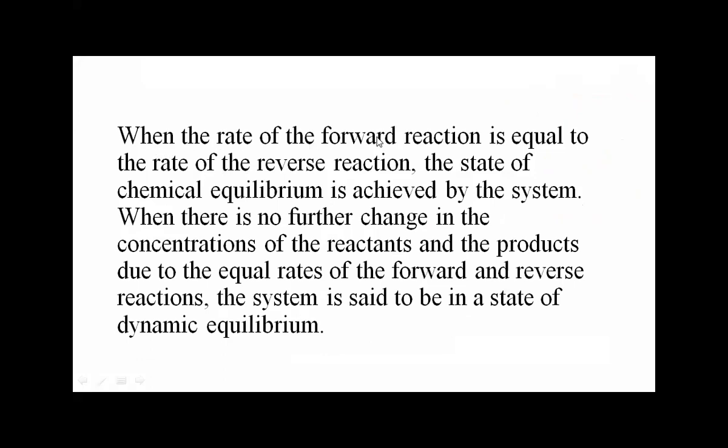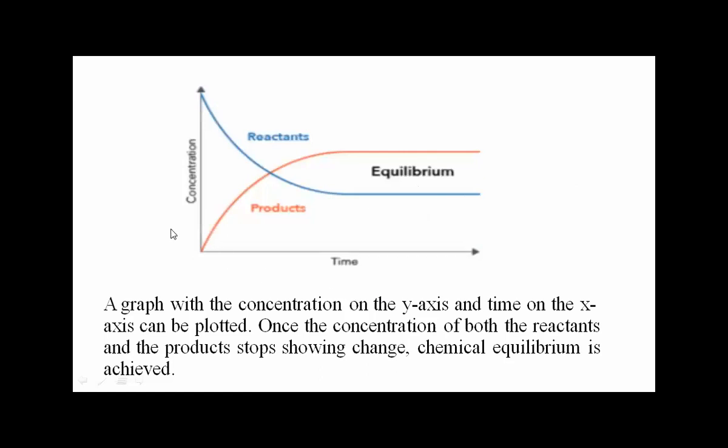When the rate of forward reaction is equal to the rate of backward or reverse reaction, the state of chemical equilibrium is achieved by the system, when there is no further change in the concentrations of reactants and products. Why is there no change in the concentration of reactants and products? Due to equal rates of forward and backward reaction, the system is said to be in the state of dynamic equilibrium. You can see here this concentration versus time graph.